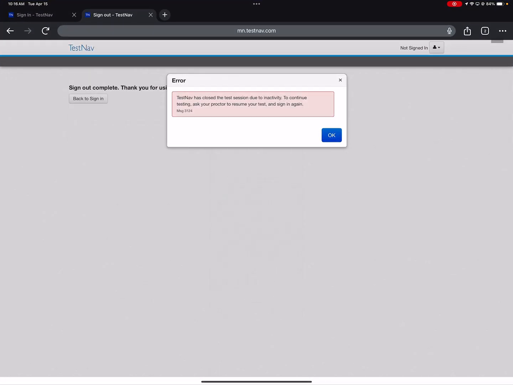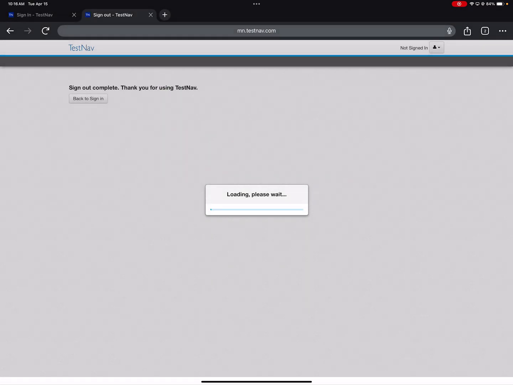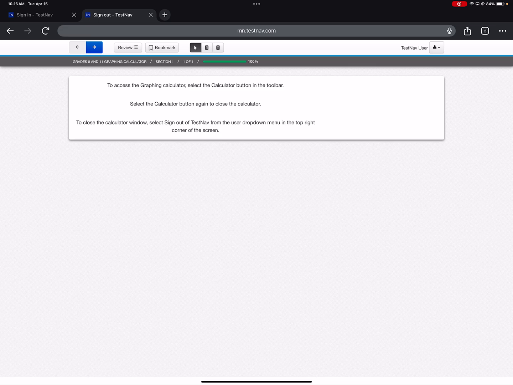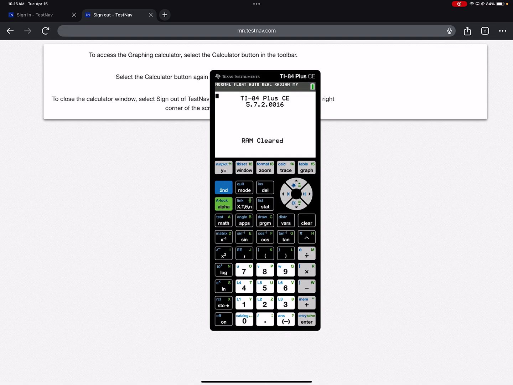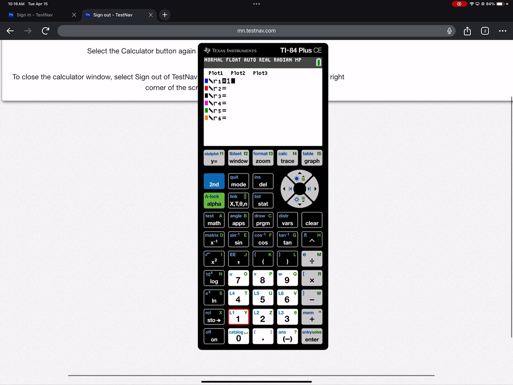Of course it locked me out. Why would it keep me in? Okay. So make sure it's in polar mode for all our audience at home. 1 minus sine theta. Okay, go to second table settings.